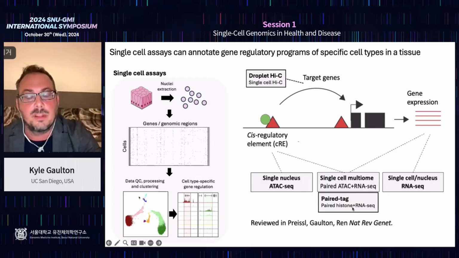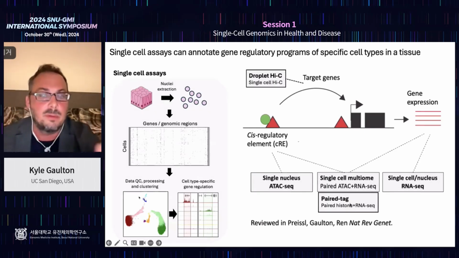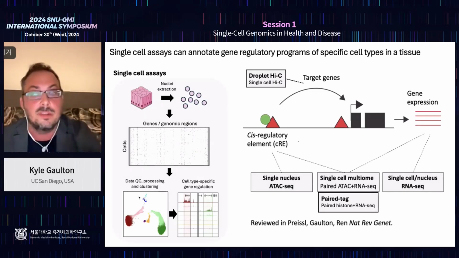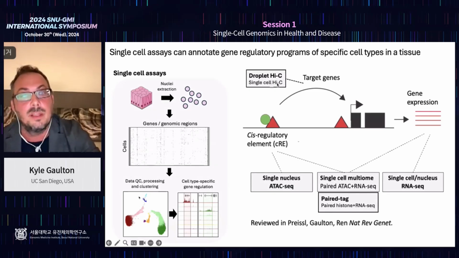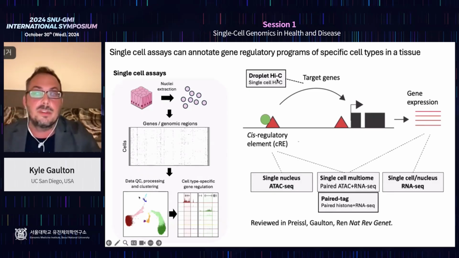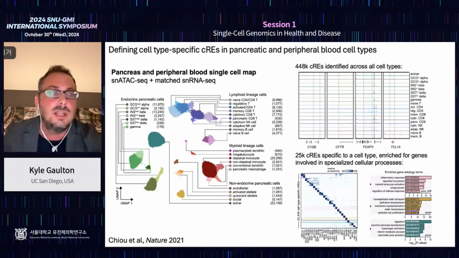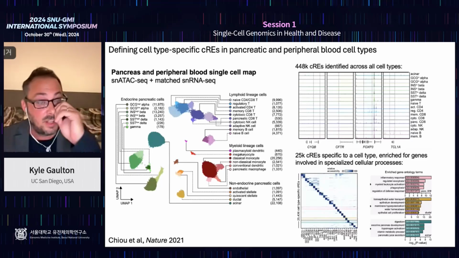We're also increasingly doing newer assays, for example, an assay called Paired-Tag that was developed in Bing Ren's lab at UCSD, where you can map the location of histone modifications and RNA-seq from the same cell, as well as Hi-C, which is a technique to map interactions between regulatory elements, particularly those that are located far away from the genes that they're regulating.